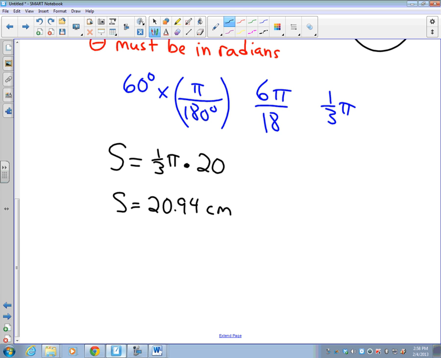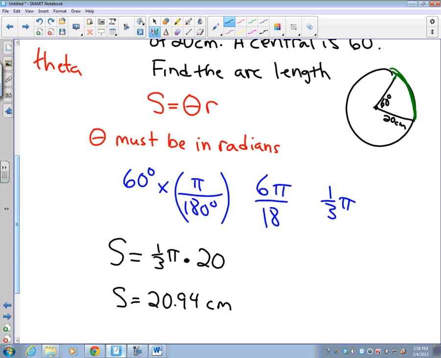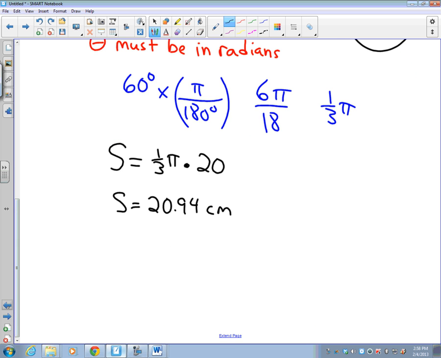Everybody okay with that? So really, this is quite a simple formula. Only 3 variables in it. The question will always give you 2 of them and ask you to solve for the 3rd one. But the thing that you have to remember is the angle is always in radians, right? Do you need another example of that or no?